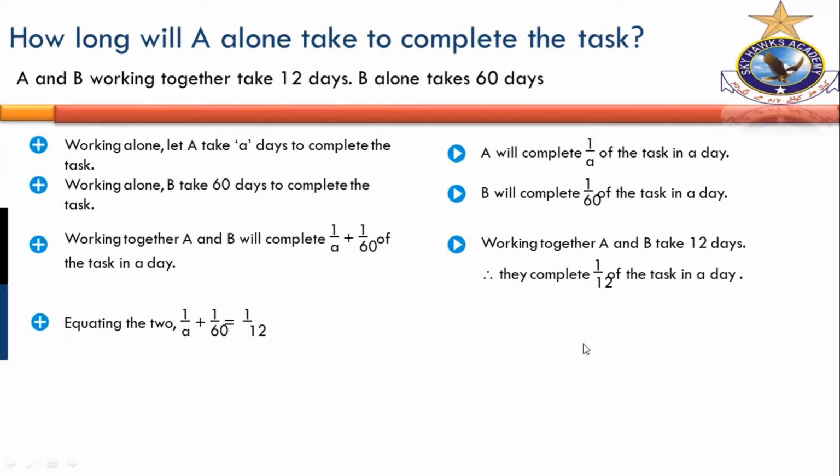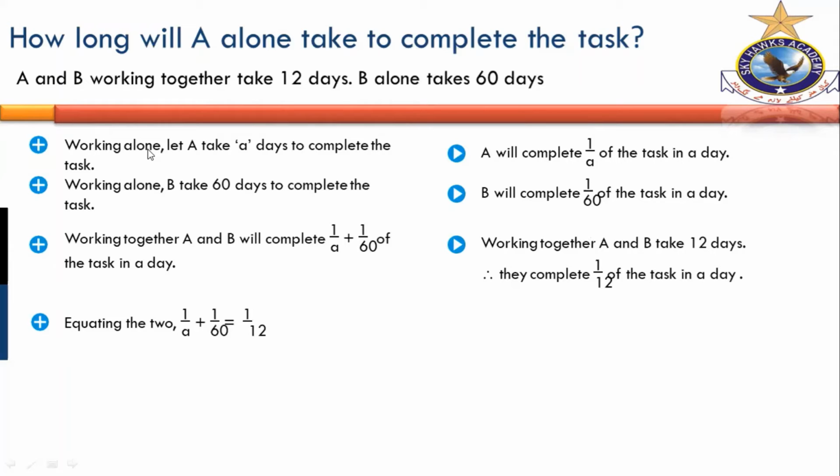Now let's see the next one. Look at this. Equating the two, 1 over a plus 1 over 60 is equal to 1 over 12. So up till now, these 6 steps were the question transformed into the mathematical expression. So all these are mathematical expressions.